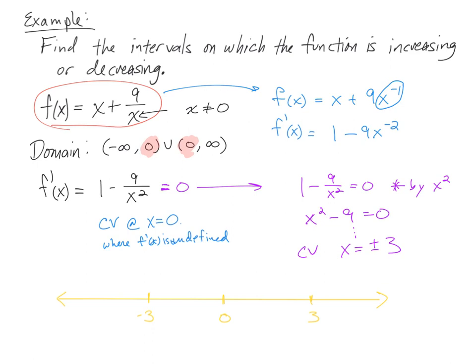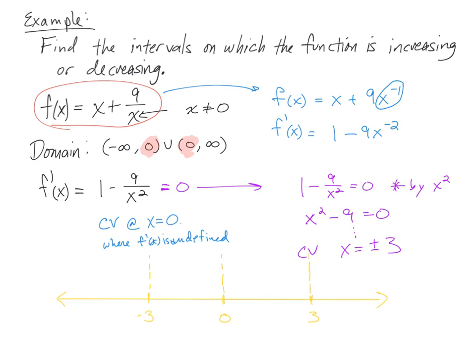So from here, we have to put the critical values on the number line, and you can see that these critical values divide the number line into 4 different intervals.